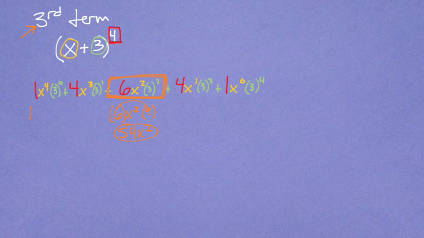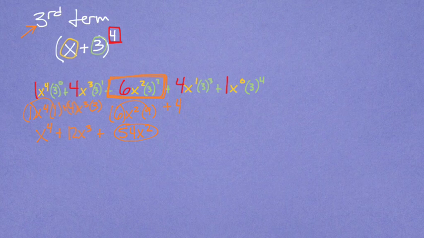Okay, this one would be 1, x to the 4th, 3 to the 0 is 1. You'd multiply the numbers, 1 times 1 is 1, so I still have x to the 4th. Okay, here I have 4, x cubed, and then 3 to the 1st is 3. And 4 times 3 would give me 12, so 12x to the 3rd. We just found 54x squared.